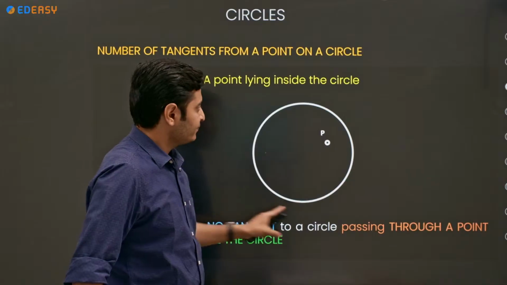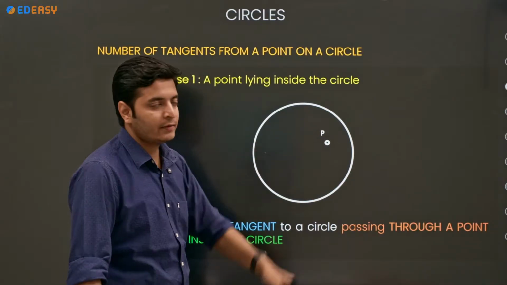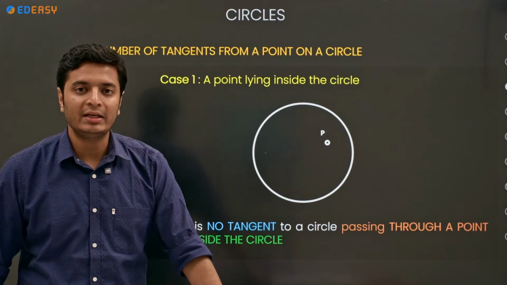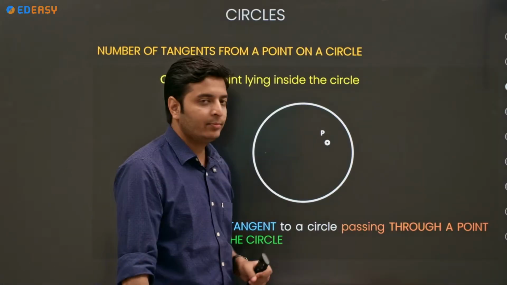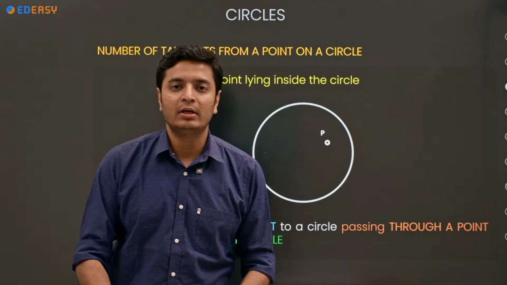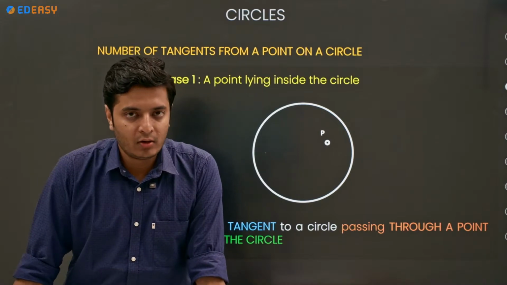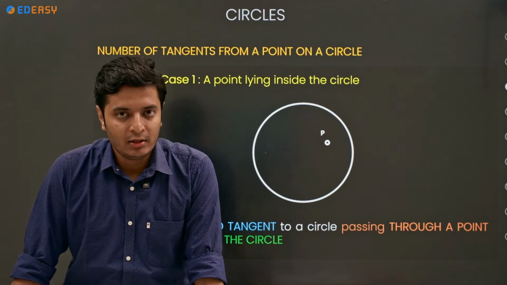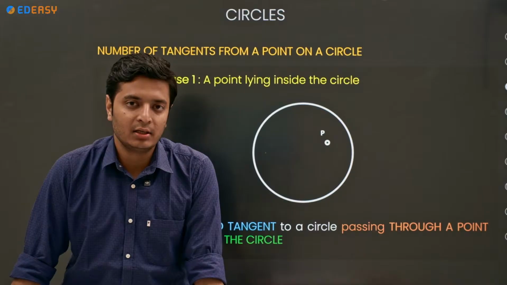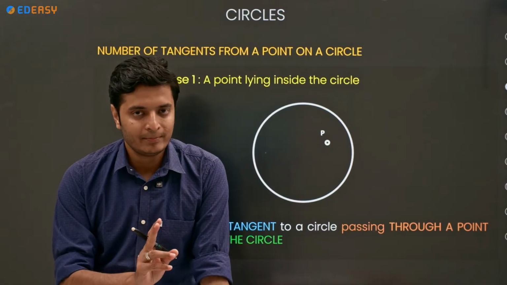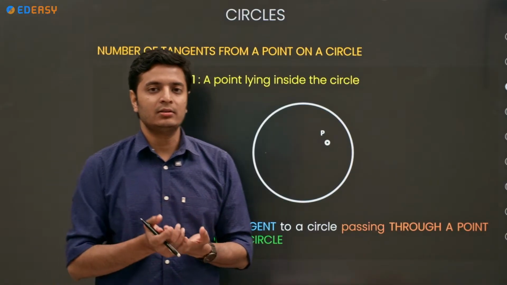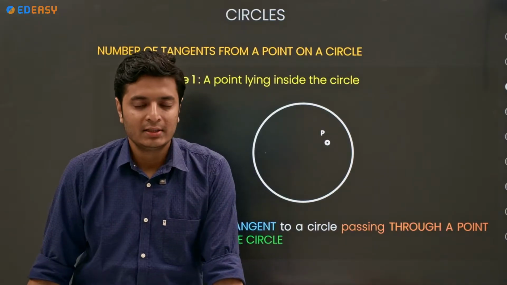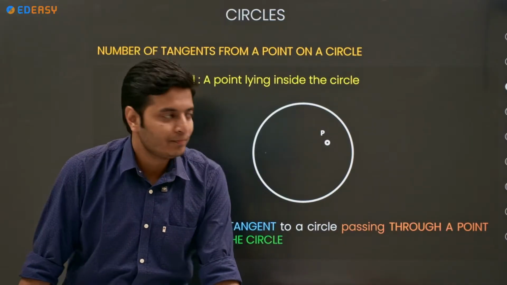Now, as you can see, this is the circle, and in the first case, we are considering the point to be inside the circle. So this is point P. One thing you need to remember, we can only call a line a tangent when it is meeting the circle at only one point, correct? If any line is meeting the circle at two distinct points, then that will be known as a secant.